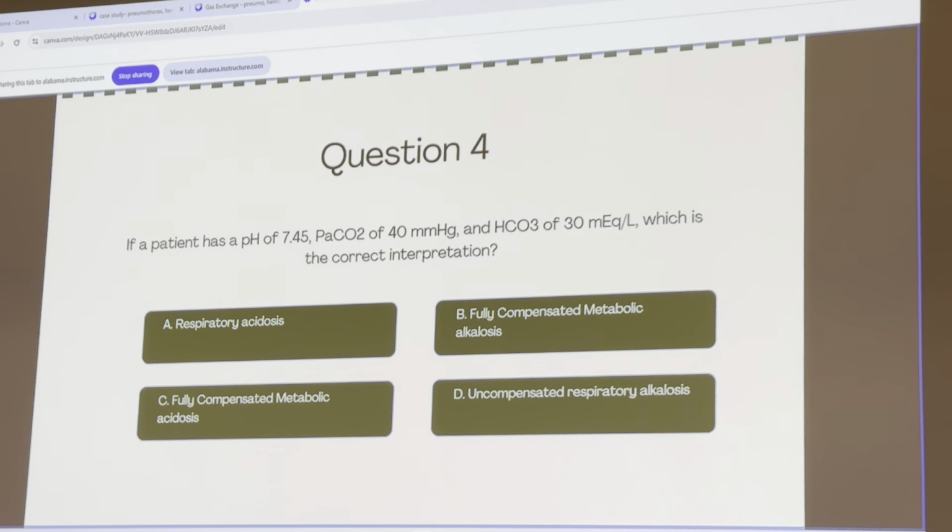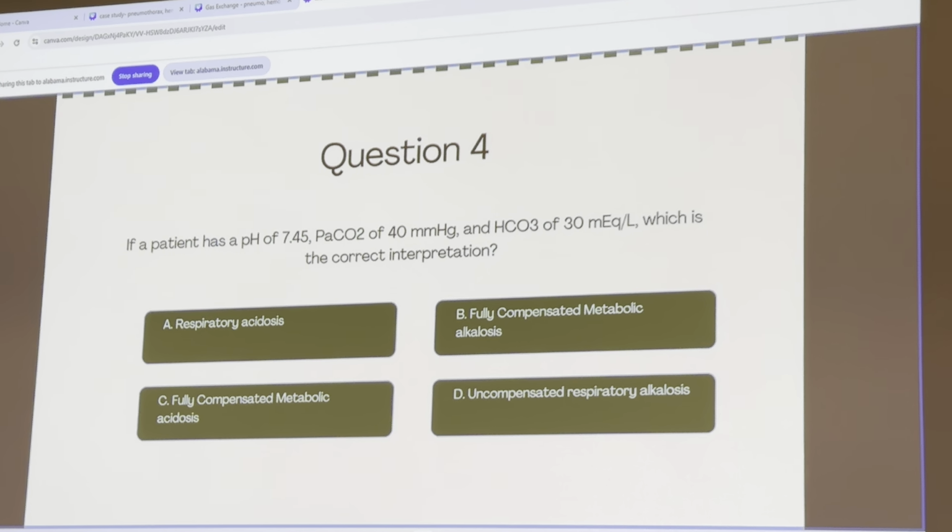So, pH 7.45, CO2 of 40, and bicarb of 30. Everybody got it?